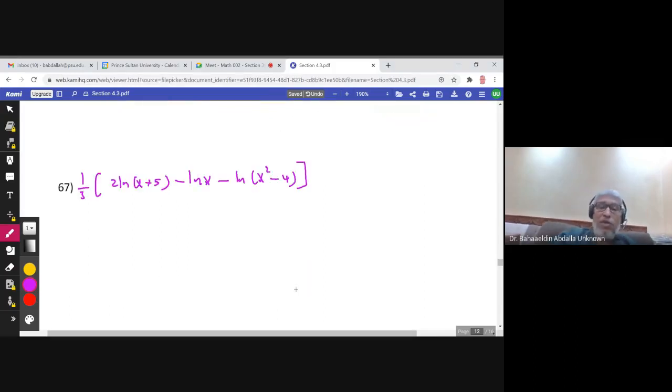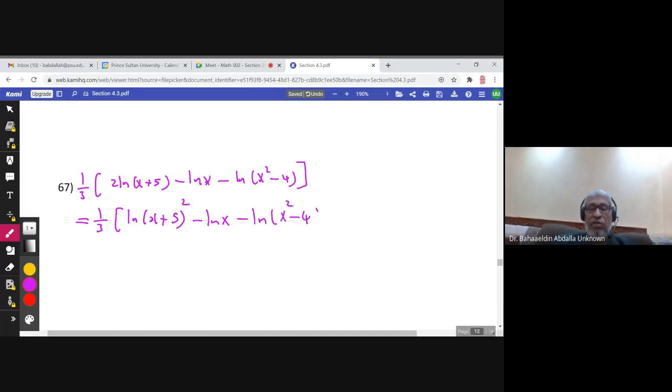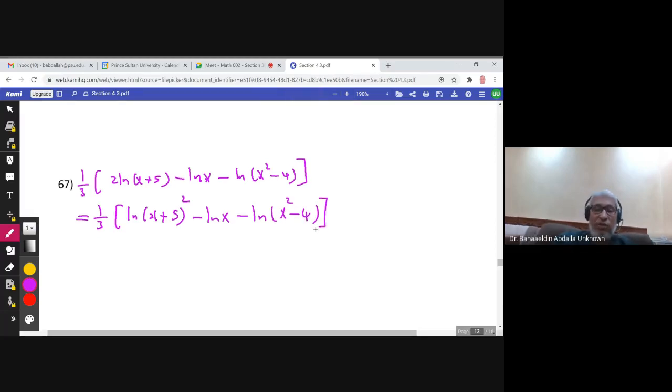Okay. First, I have 1 over 3 here. Either you leave it to the end or you expand from the beginning. I will always leave it to the end. This 2, I have to write it up. So it would be ln of x plus 5 to the power 2. And ln x, there is nothing to change. And ln of x squared minus 4, there is nothing to change.